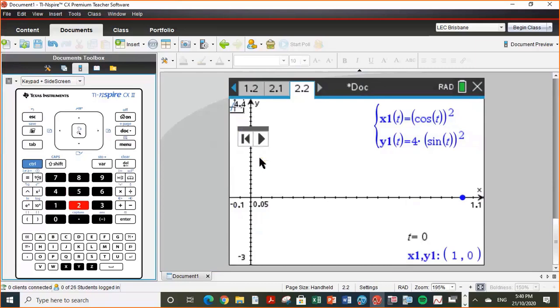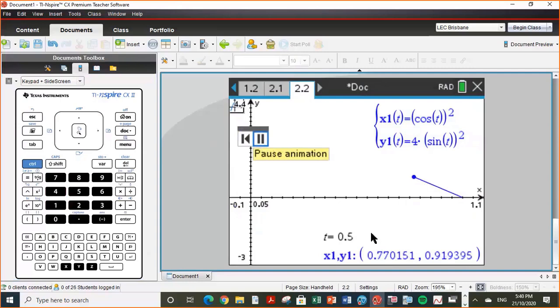So we've got a button where we can press play, and that will trace out the path of the particle there. It'll oscillate between 1, 0 and 0, 4 over a length of 2 pi seconds, because that's what our allowed t values are.